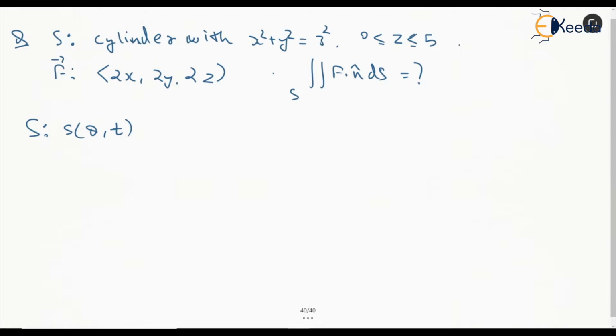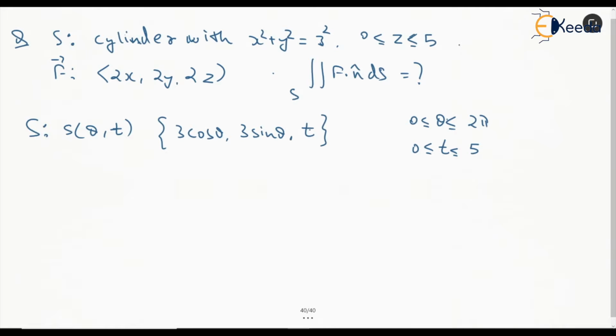Now that the radius of this cylinder is 3, x is going to be 3 cos theta, y is going to be 3 sin theta, and the other one is z, which will be t, right? Where we can check the limits. The limits for theta will be 0 to 2 pi and t will have a limit from 0 to 5.